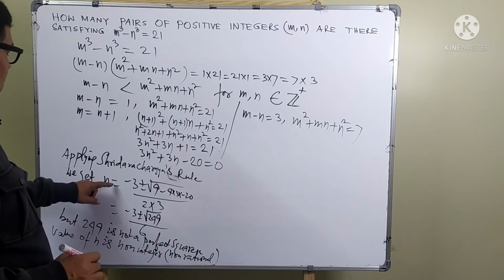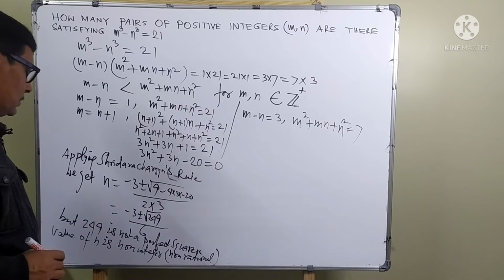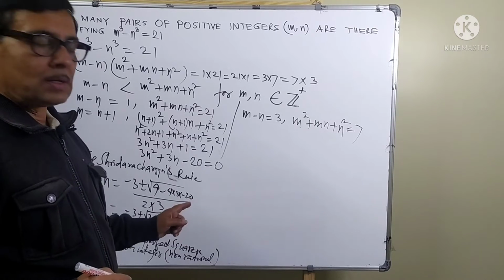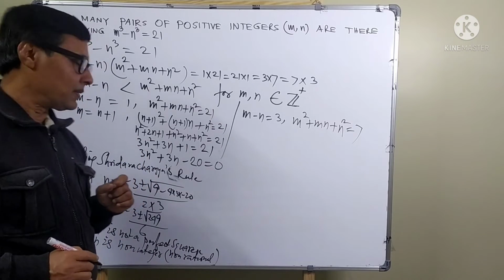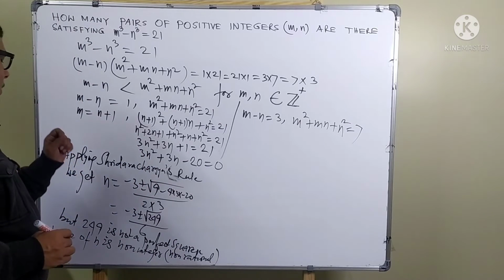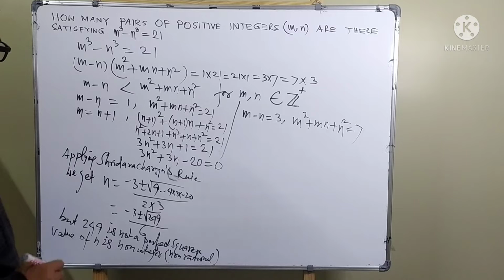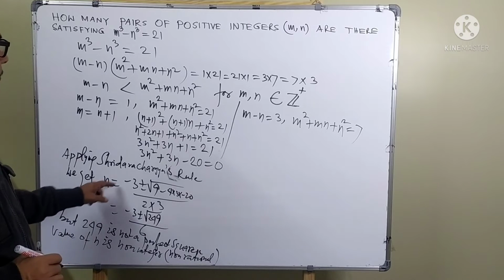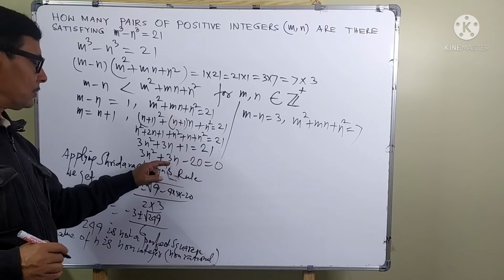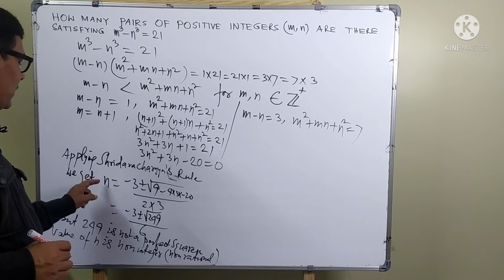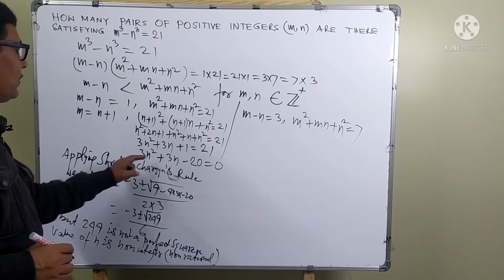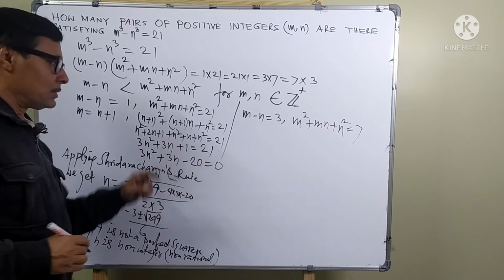So, the value of n is not an integer, that is, it is a non-rational number. So, we cannot find the integer value of n from this equation.